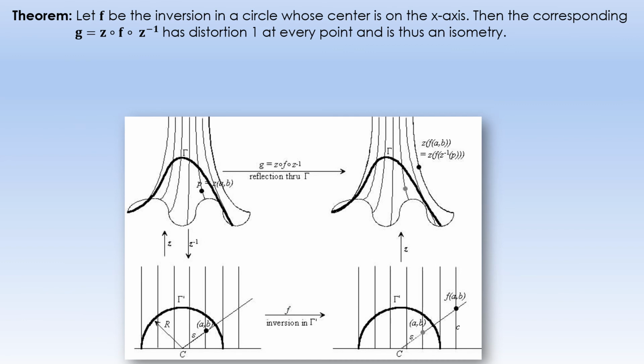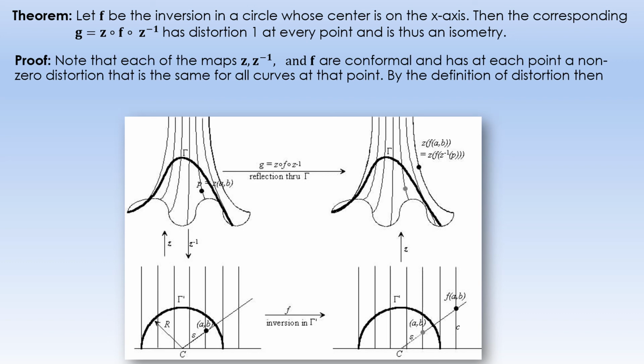The theorem we'd like to prove is: let F be the inversion in a circle whose center is on the x-axis. Then the corresponding map G, which is equal to Z of F of Z inverse from our previous diagram, has distortion 1 at every point and is thus an isometry.